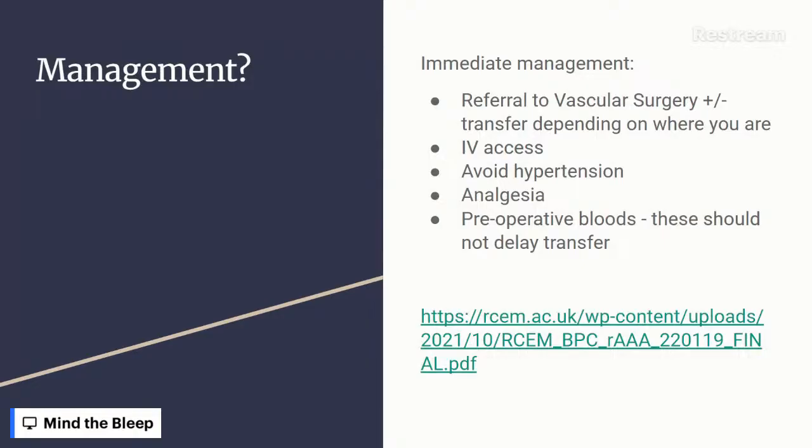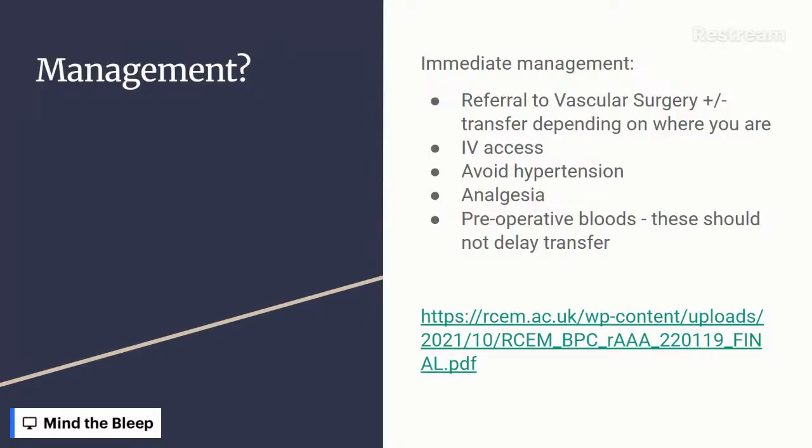Now, what are you going to do? Straight away, you need to refer this patient to vascular surgery. And you may wish to transfer depending on where you are or the situation that the patient is in. So if there isn't a vascular team at your hospital, then you may wish to transfer the patient, or maybe a vascular surgeon and the associated team can make their way to where you are, if that's quicker for the patient.